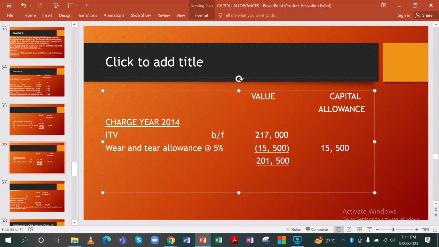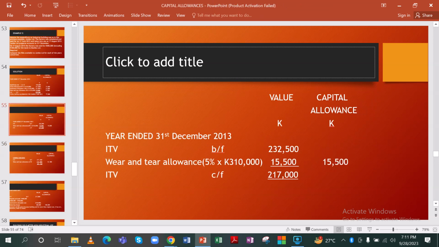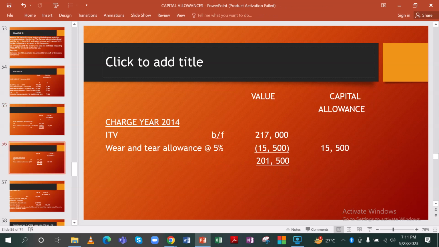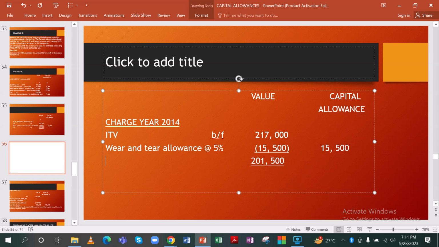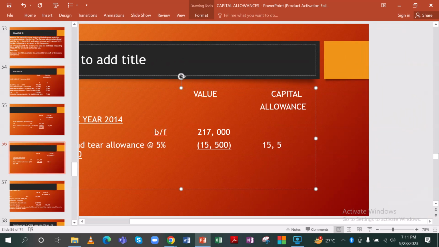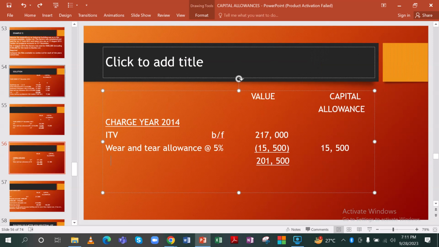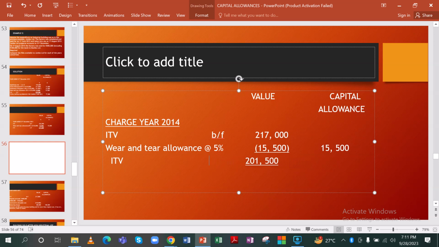Okay, so now that is for 2014. This is what we have as income tax value carried forward.